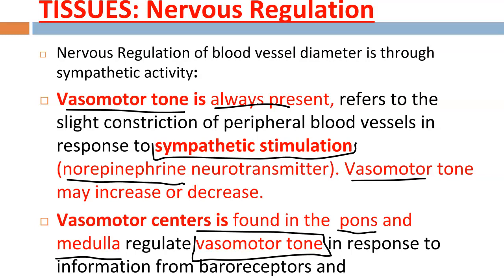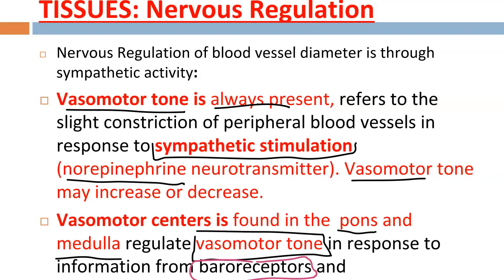This center is constantly receiving information about blood pressure throughout the body from baroreceptors, and I say throughout the body, I mean through the blood pressure in the carotids and the aorta. The baroreceptors are found in the carotid arteries and the aorta.